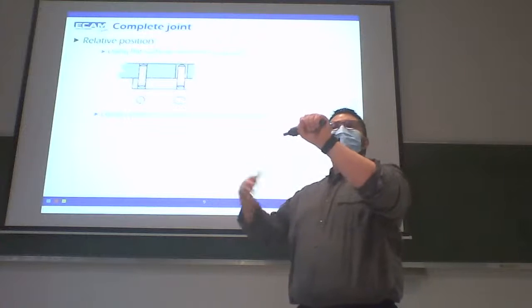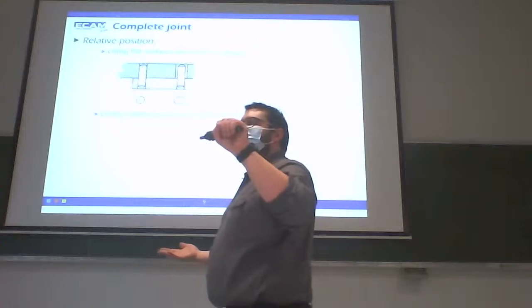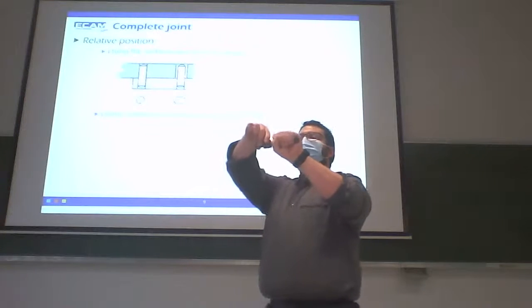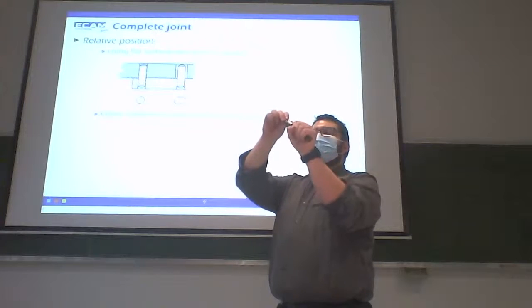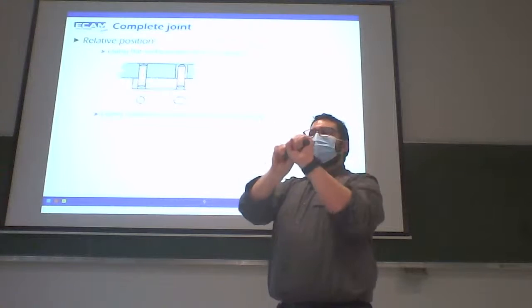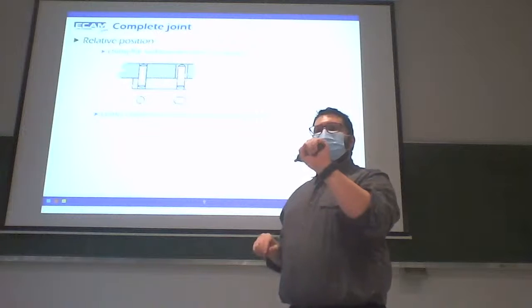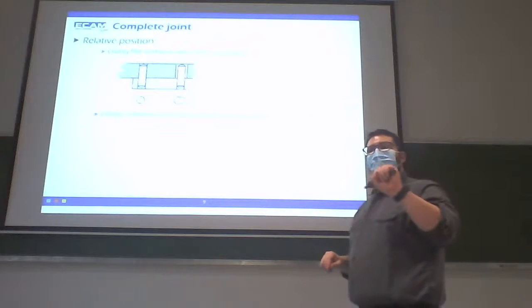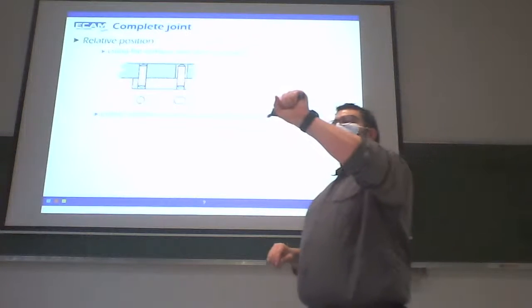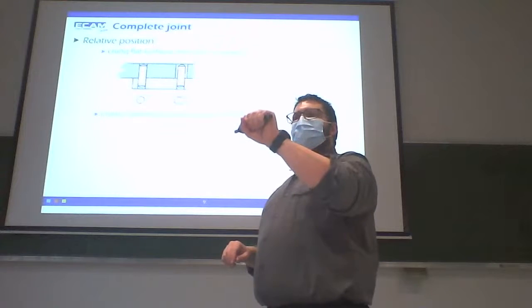This means I remove 4 degrees of freedom. This rotation is not permitted. This one also, and the 2 translations are not permitted also. So here I remove 4 degrees of freedom.